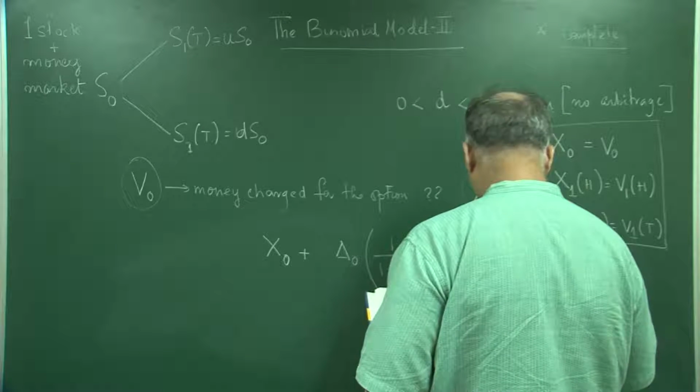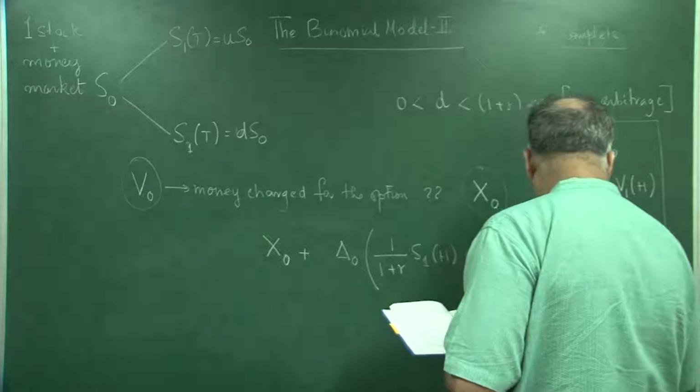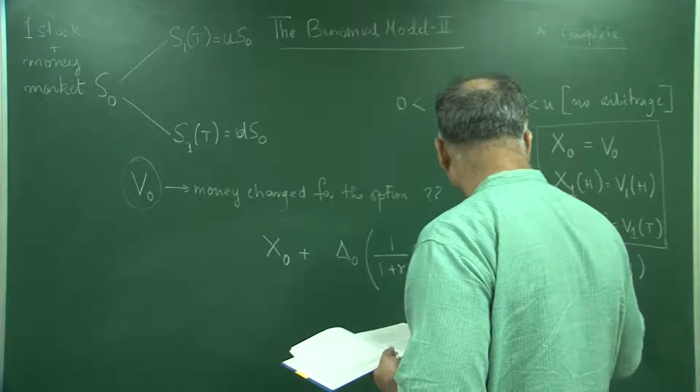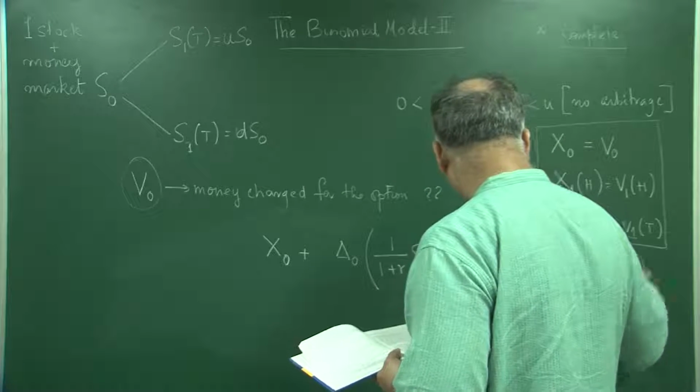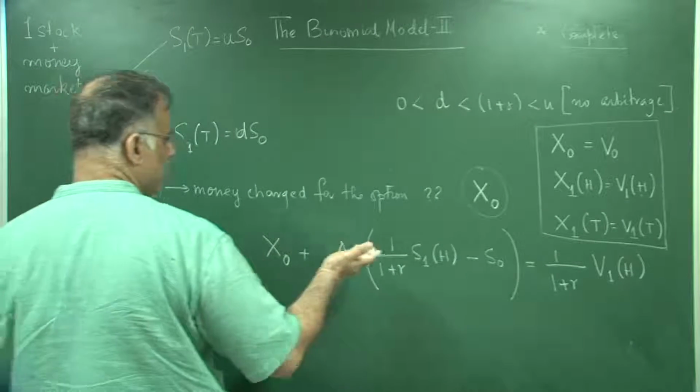By dividing by 1 plus r, we have got a discounted price or worth of the option at time t equal to 0, from time t equal to 1. So at time t equal to 0, this is the discounted worth of the option, basically dividing by 1 plus r on both sides.